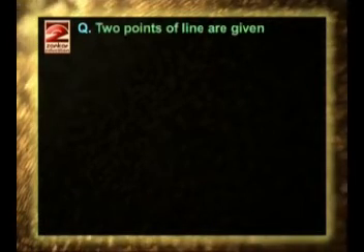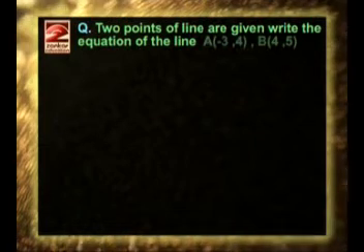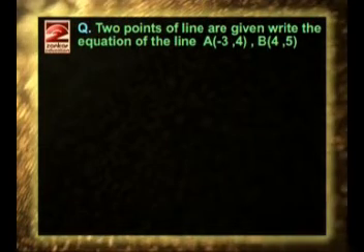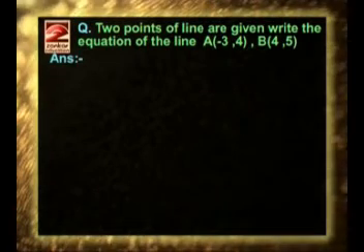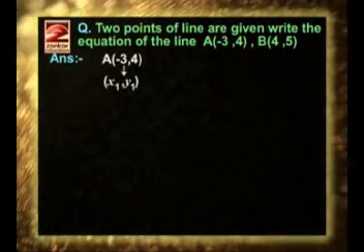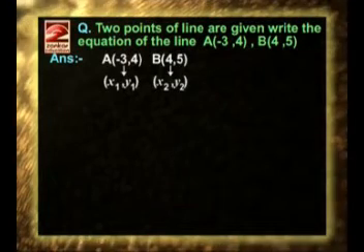Next question. Two points of a line are given. Write the equation of the line. The points are A(-3, 4) and B(4, 5). So, A(-3, 4) means x1, y1 and B(4, 5) means x2, y2.